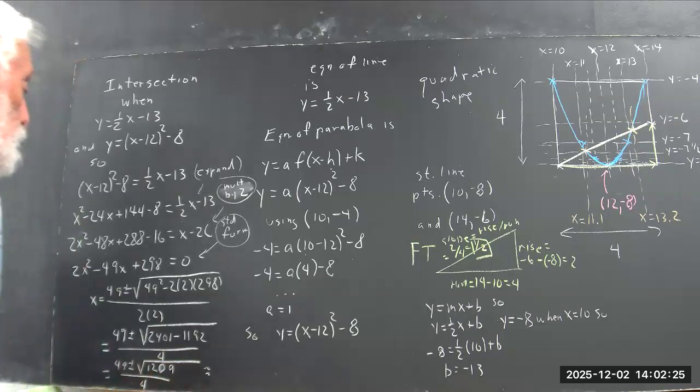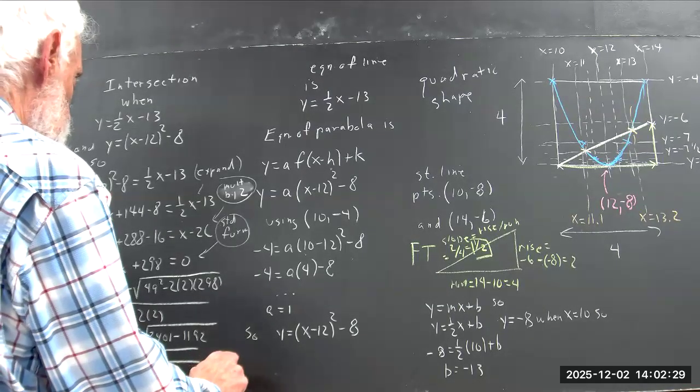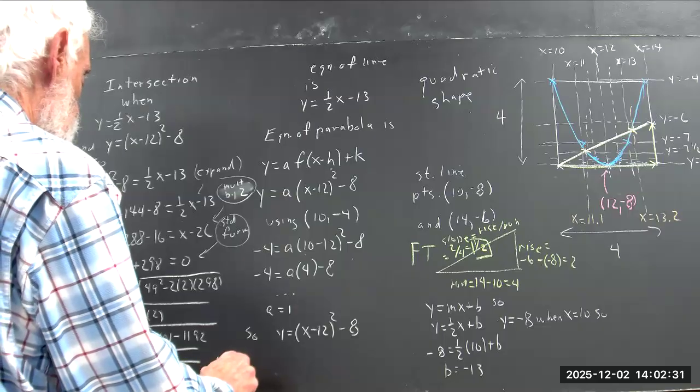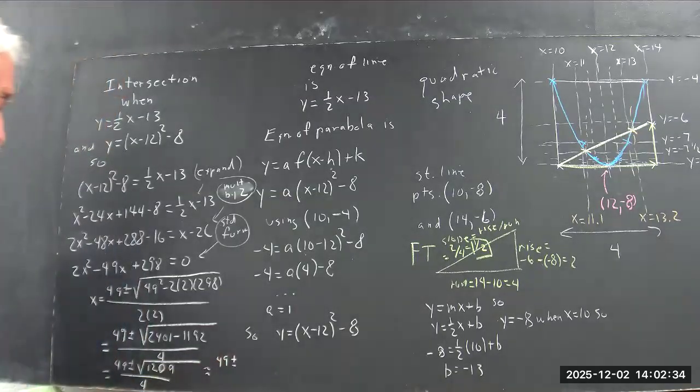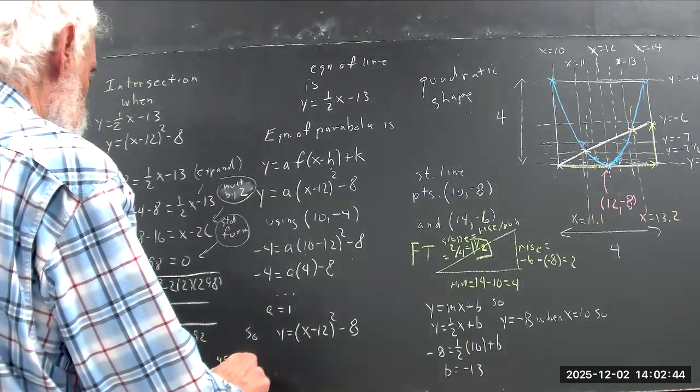And now I'm going to have to approximate. I'm going to get 49 plus or minus. Okay, the square root of 900 is 30, square root of 1,600 is 40. So I'm going to say, that's going to be pretty close to 35.